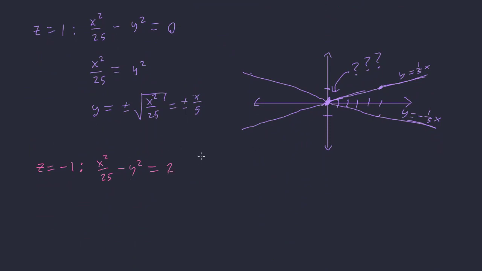And this is another hyperbola. When we divide through by 2, we're going to get x squared over 50 minus y squared over 2 is equal to 1.